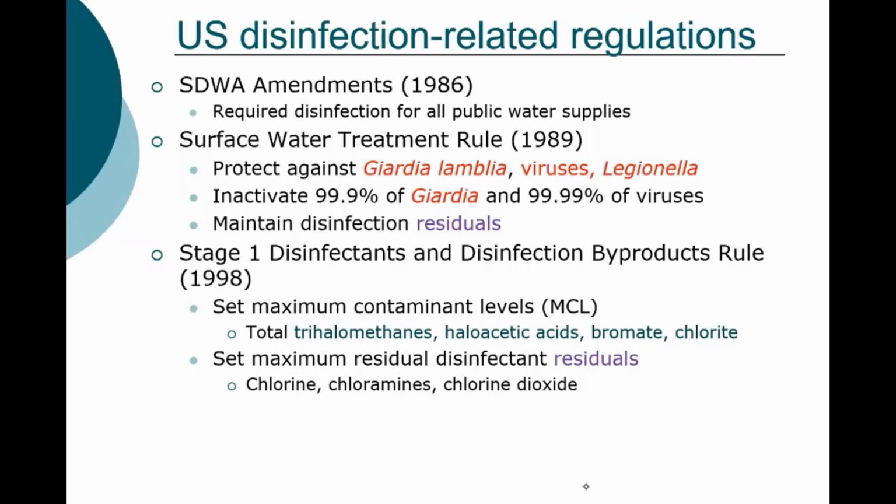this rule was promulgated, and the goal was to protect against Giardia, viruses, and Legionella. The goal was to inactivate 99.9% of Giardia, and Giardia is a cyst, and 99.99% of viruses.